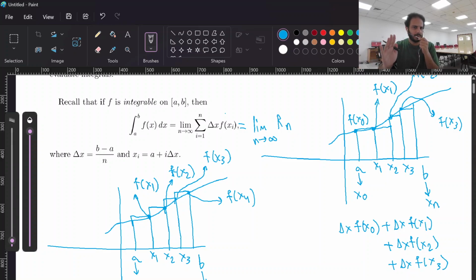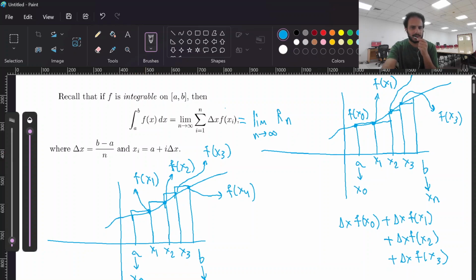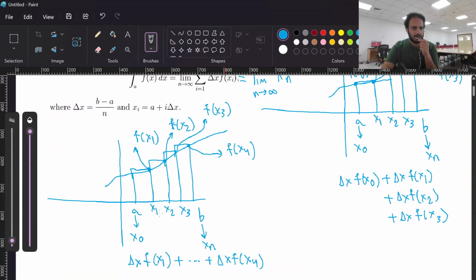Good? Now we need also to explain this delta x equals b minus a over n, and xi equals a plus i delta x. Let's explain it here. We are dividing it into n rectangles with equal width. So the width is delta x.